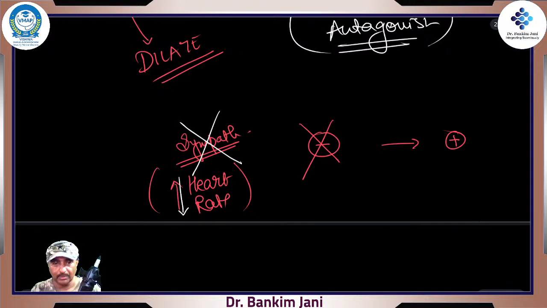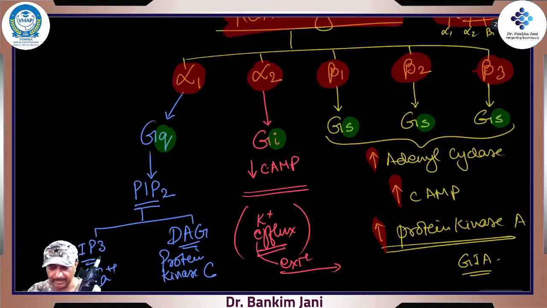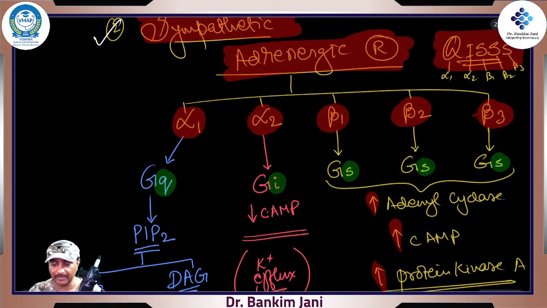So that is how we'll be understanding the entire body, all the transmitters, all the receptors, and how they really work. This is the difference we were talking about, why there are so many alpha 1, alpha 2, beta 1, beta 2, beta 3, because some are present in the heart, some in the lungs. So if we figure out a drug acting only on beta 1 of the adrenergic receptor, whosoever has beta 1 will be affected, the rest will not.